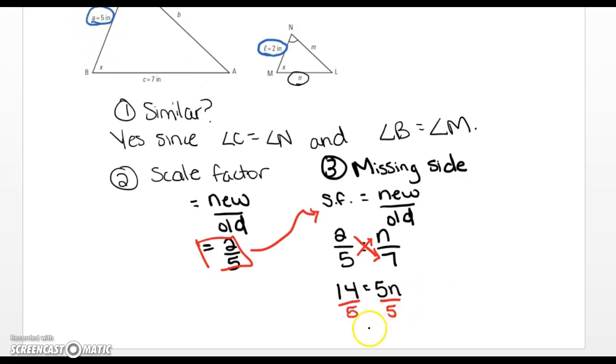And we would find that we would get 14 over 5, or because decimals can be a little bit more useful than fractions, that's also equal to 2.8 inches. So side n is equal to 2.8 inches.